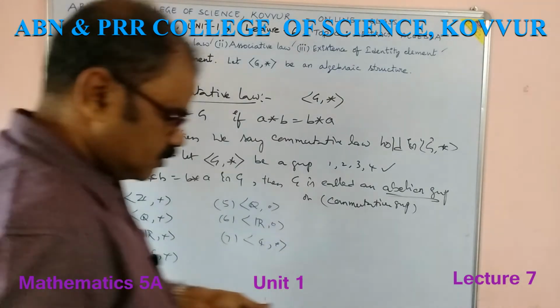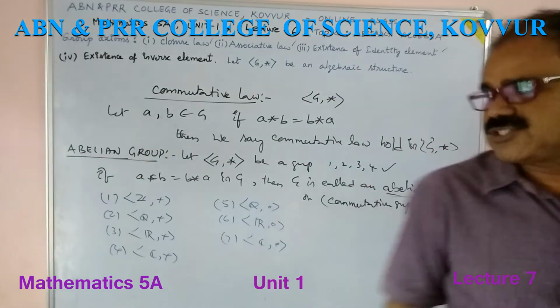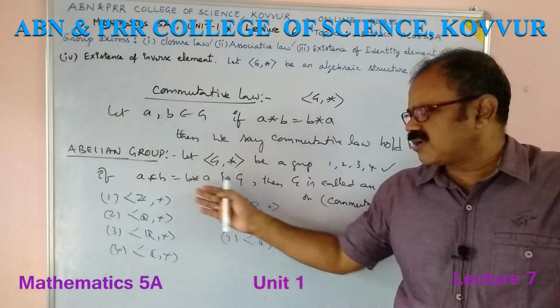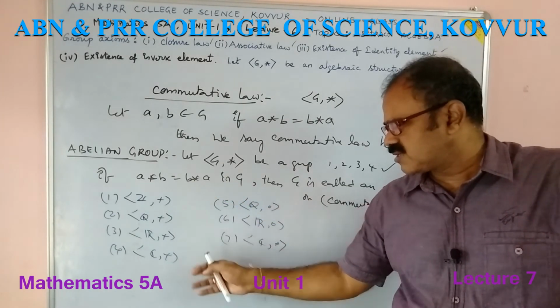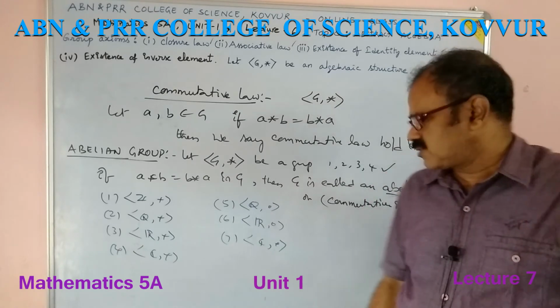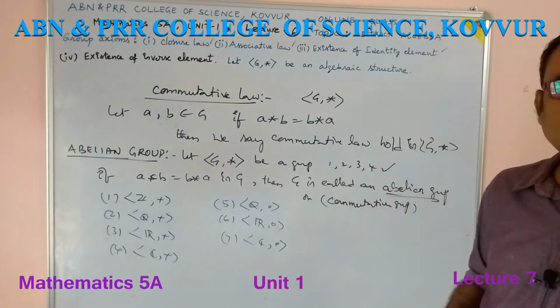All these examples I have given of groups are abelian groups. Commutative laws are satisfied in all these examples. So, commutative group or abelian group.